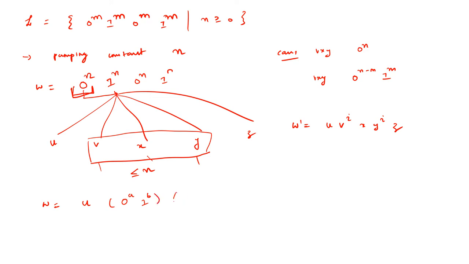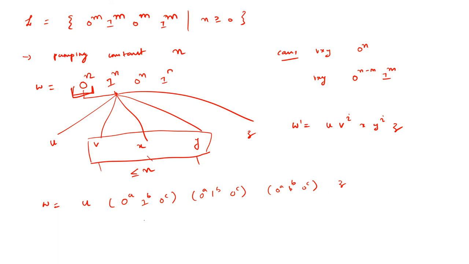Then x can be represented as again 0 power a prime, 1 power b prime, 0 power c prime. And y is again 0 power a double prime, 1 power b double prime, 0 power c double prime. And z is anything, we don't care.